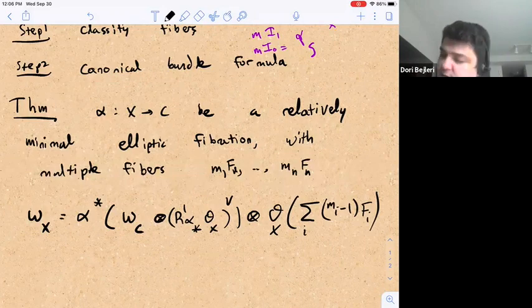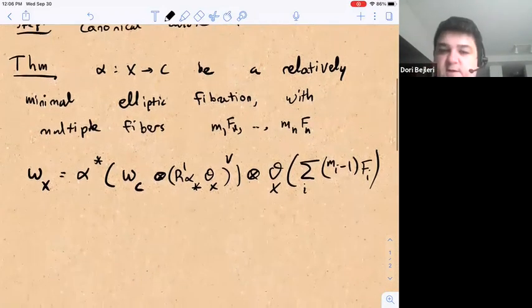Okay, so that's an equality of line bundles, but we can turn it into an equality of Q divisors.